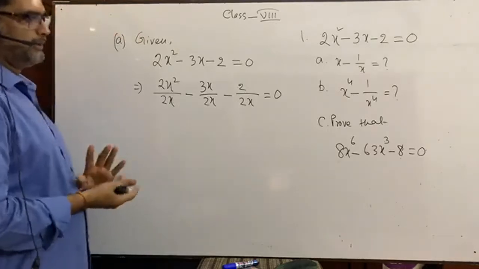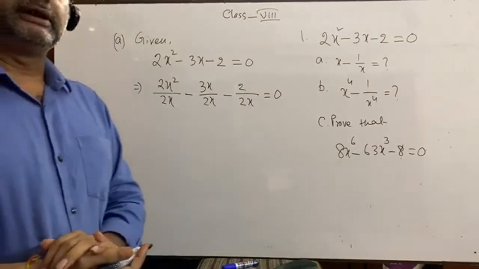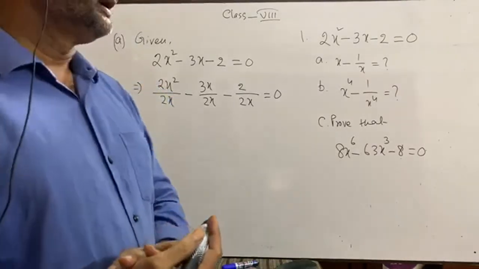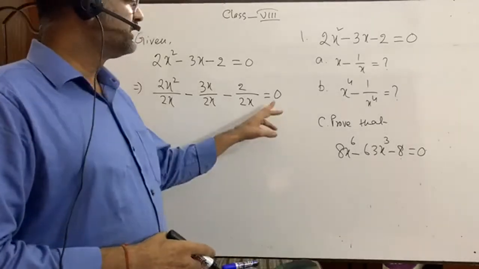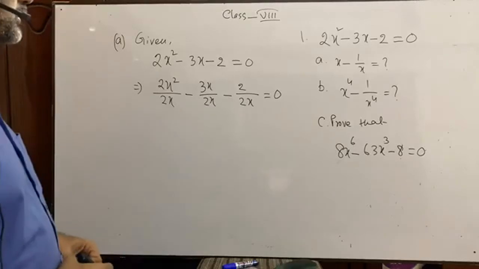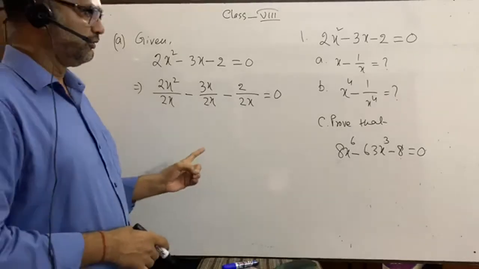That means I have divided all the terms by twice x. If we divide 0 by something, the result is 0, so it is not necessary. And for your information, here x is not equal to 0.